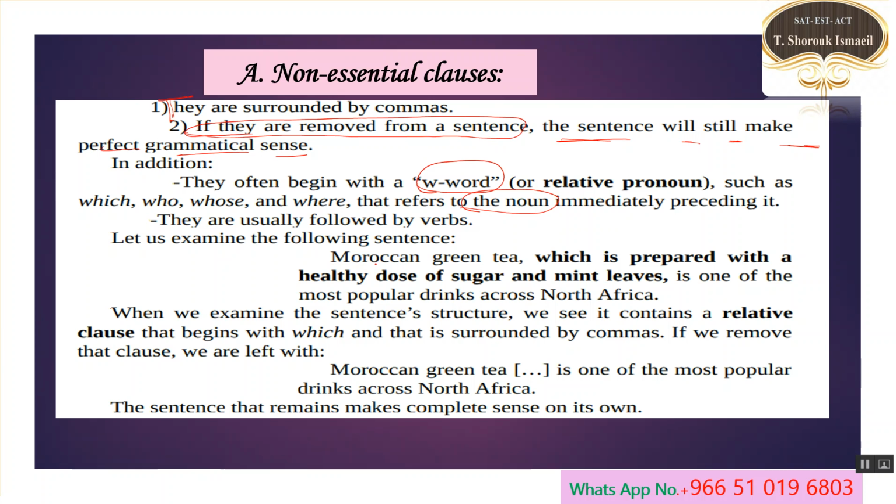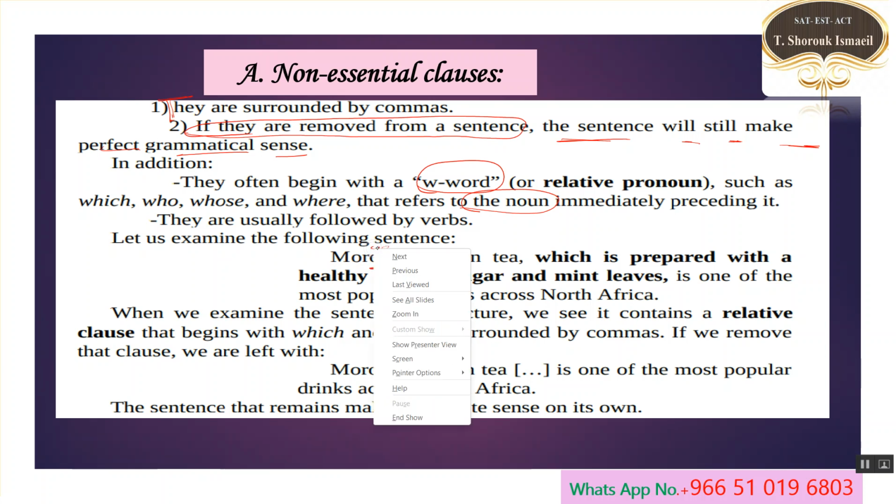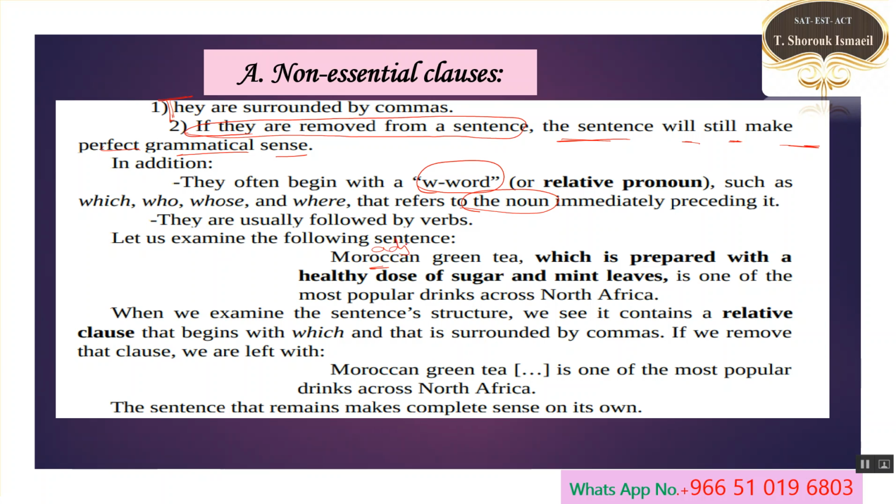What am I talking about here? Moroccan is an adjective, so it cannot be a subject. Green again is an adjective, and tea is a noun. So my subject here is tea. Is it singular or plural? It is singular because it is an uncountable noun. That's why it's singular. And let's have a look at my verb.